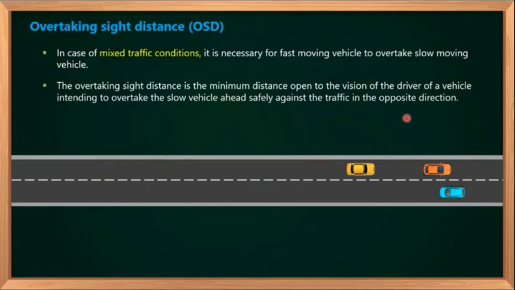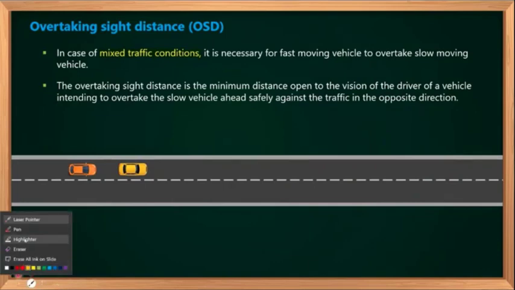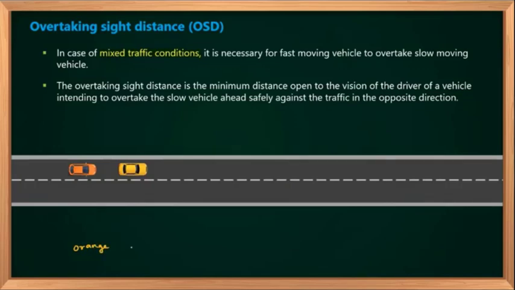Again, see here. This orange car, let us assume, orange car is equal to fast moving vehicle, or overtaking vehicle. It means this fellow is overtaking. Are you getting the point?